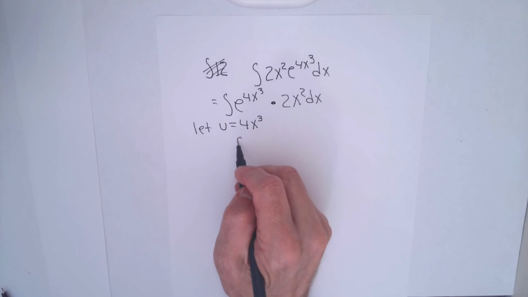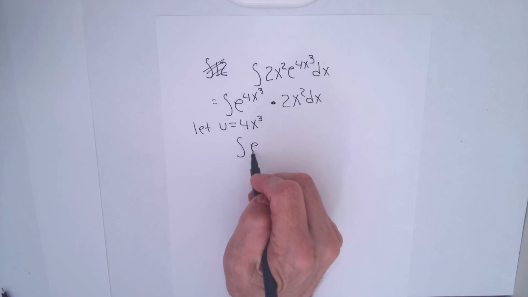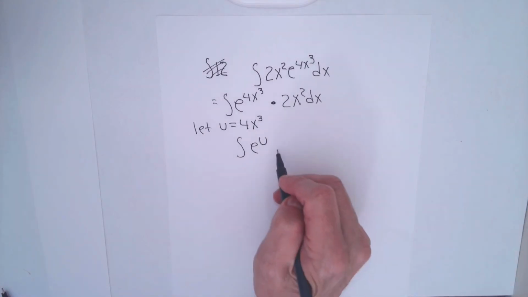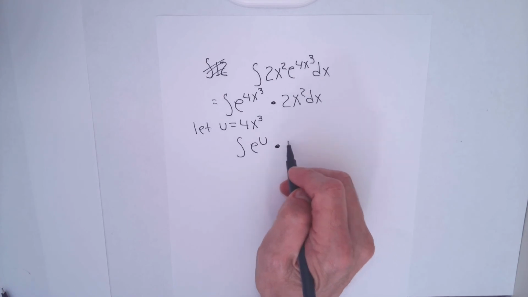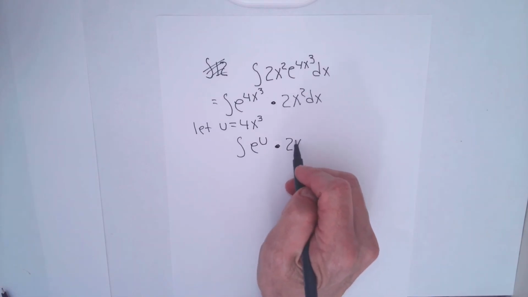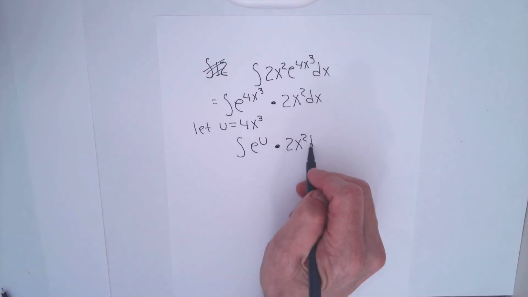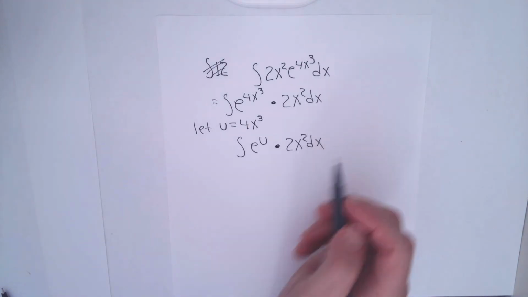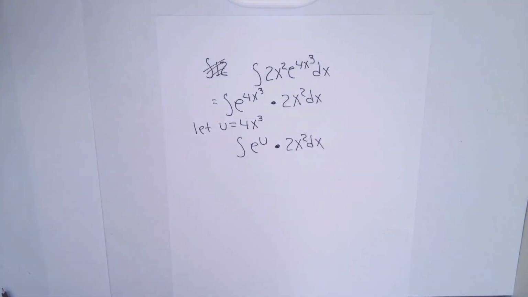This will allow me to rewrite the problem as the integral of e to the u times 2x squared dx. It's always get the problem written so that what I'm going to change to the u is written first. In this case, it was an e that needed to be written first.